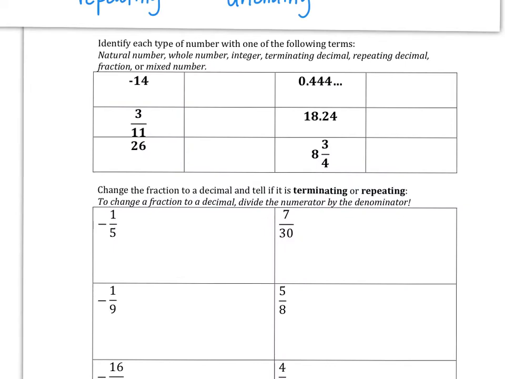Now let's identify each type of number with one of the following terms. Either natural numbers, whole numbers, integers, terminating decimals, repeating decimals, fractions, or mixed numbers. So if we have the number -14, that would be considered an integer. So right here we would put integer. 0.444 going on indefinitely, that's a repeating decimal.